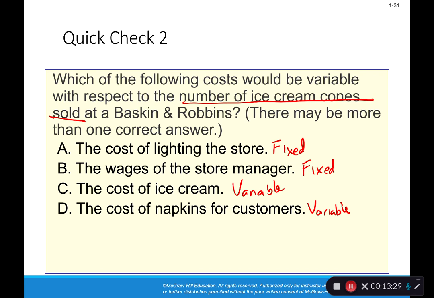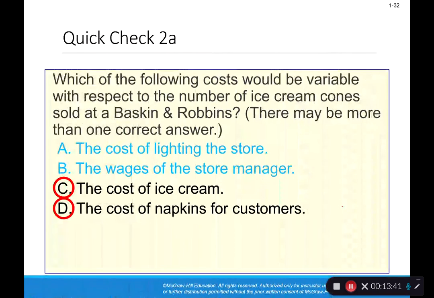So the more stores we have, the more lighting costs we would incur. So it's important you pay attention to the cost driver in order to identify whether something is a fixed or variable cost. Let's see if I got these right. Yes, indeed, C and D are our variable costs for the reasons we just discussed.